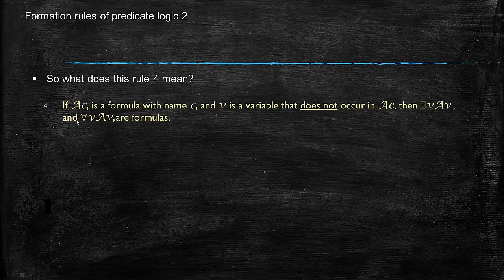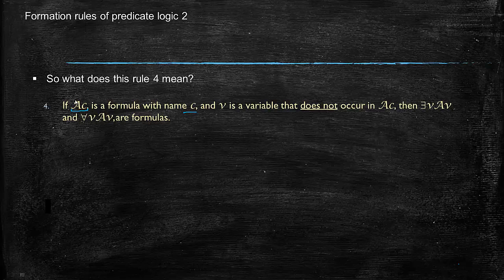So it says, first of all, if AC is a formula with name C, what does that mean? Well, remember, we're speaking the meta language, right? And this AC now basically is telling us, look, if something in the predicate logic is a formula that contains a name, C, right? So anything in the predicate logic that contains some name, C. Now, notice C is not C, just like that particular name, but any name, right?